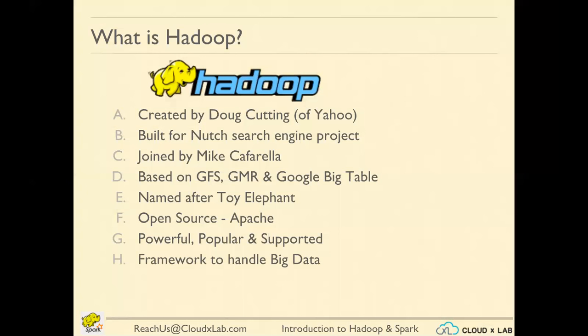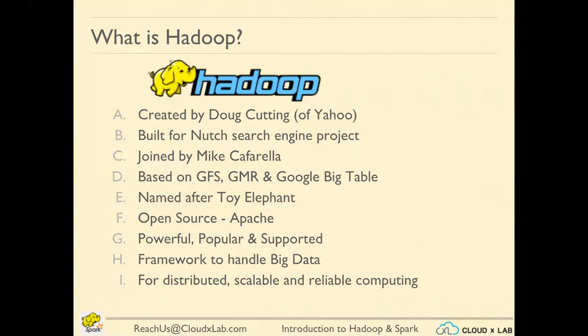It's a framework to handle big data. What it means is it's for distributed computing, meaning using many computers, scalable, meaning in case your number of computers increases after a while, and reliable computing.